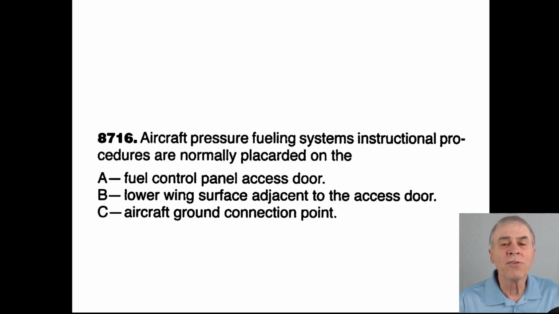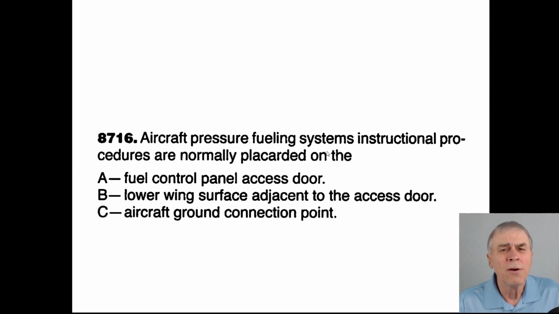Aircraft pressure fueling systems instructional procedures are normally placarded on the. Where would you normally see the placard for the instructions on how to pressure fuel? Well, I would imagine it's not going to be inside the cabin or in the baggage compartment.